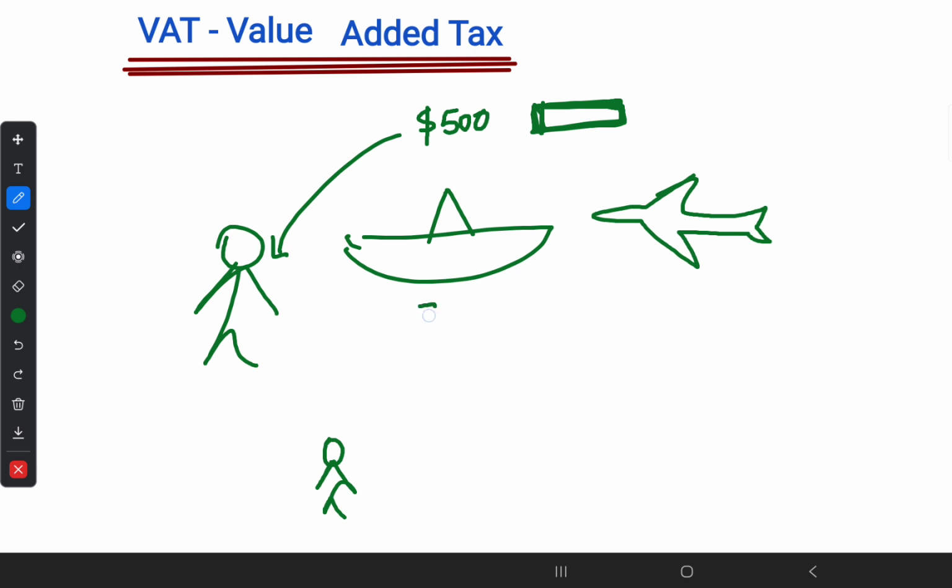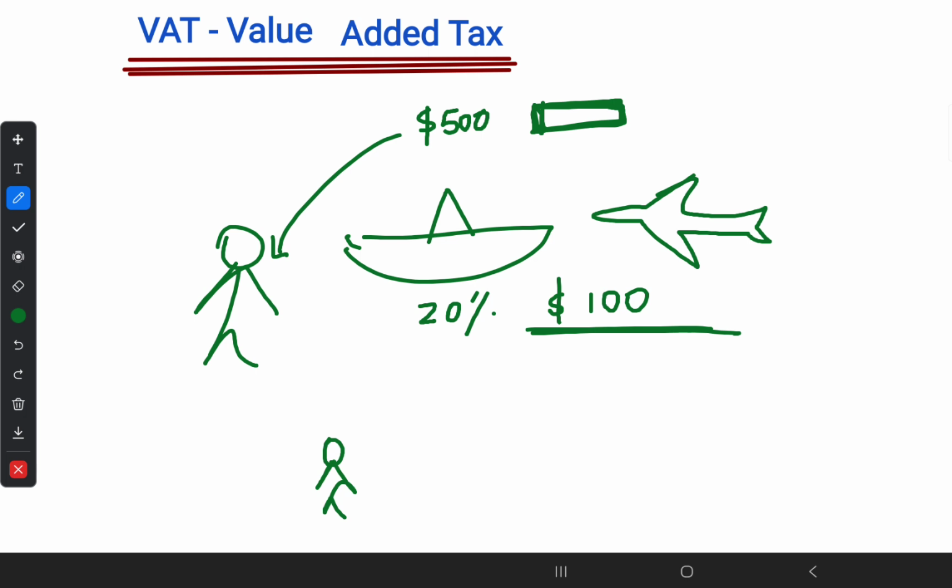If the percentage of value added tax is 20 percent, they will charge $100 additionally to release that product out of the harbor or out of the airport. Definitely you need to pay this $100. If not, you cannot leave that item from the harbor or airport. So this is the amount you need to pay. It's called value added tax.